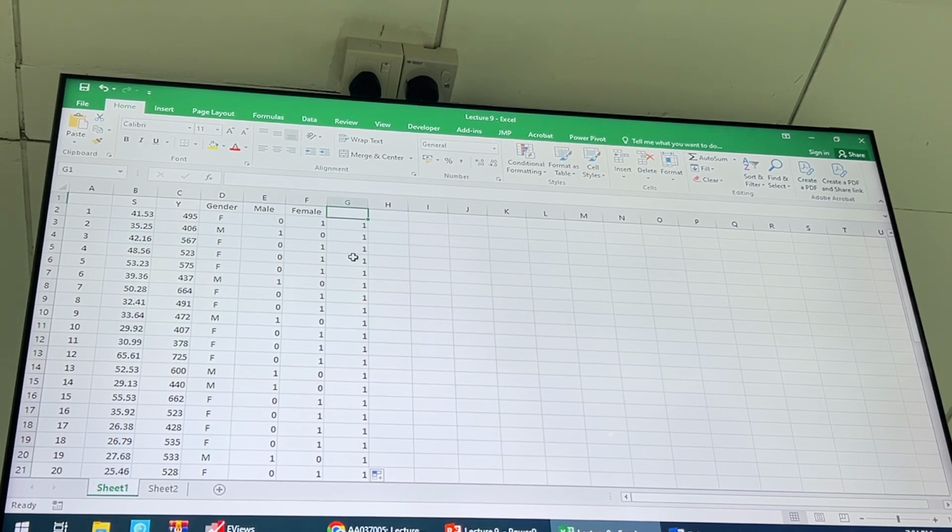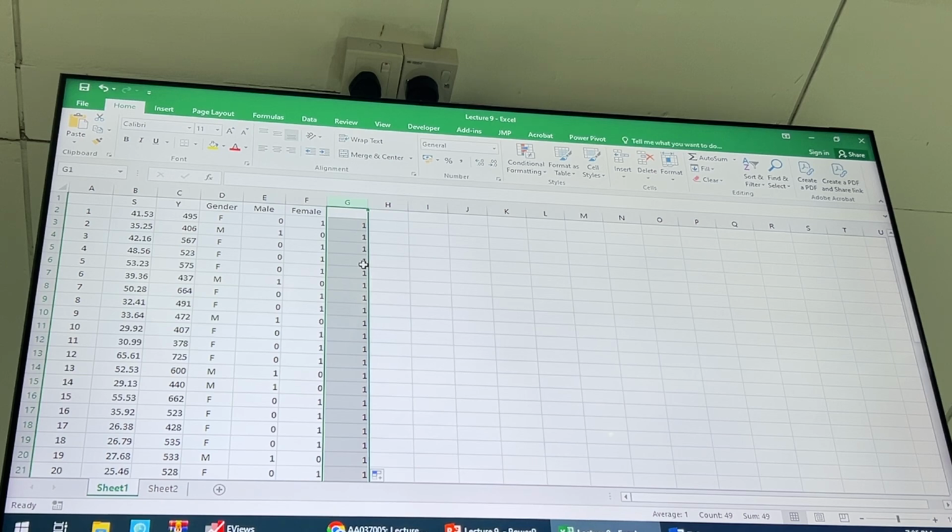But you need to make sure of one thing. If you have three categories, but no observation belongs to the third category, then you still have a problem. You create that variable, but your data only belongs to the first two categories. Even if you exclude the third one, you still have a problem, so you have to find a way.